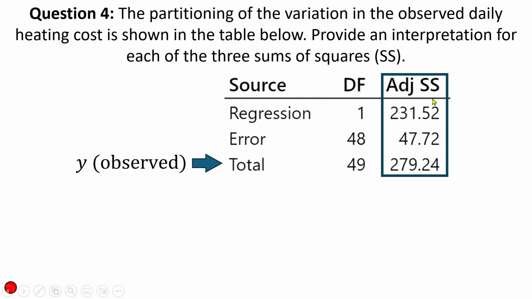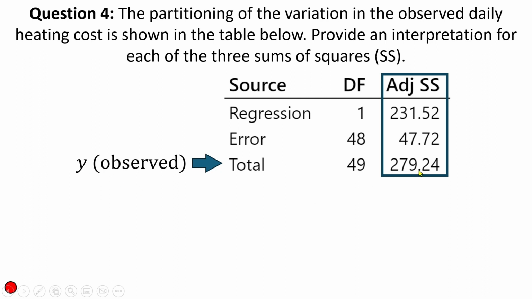So the SS represents sums of squares, as we discussed in class. The ADJ just indicates there's been some adjustment to those sums of squares. We don't need to worry about that. The key point is to understand that the sums of squares is a measure of variation. And this number here, 279.24, represents variation in the observed values.